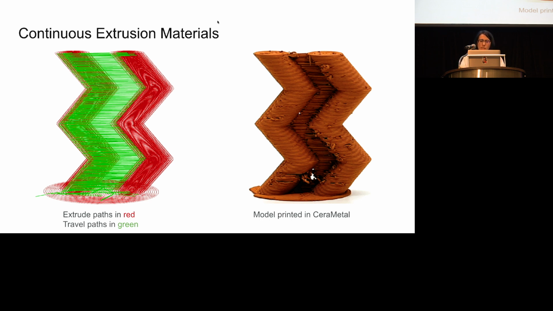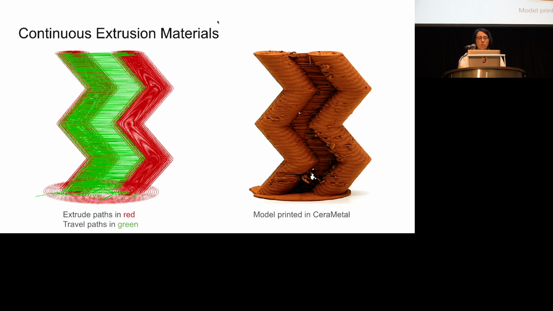However, Cerametal is very delicate and brittle before it's fired, making post-processing removal of the excess material impossible without breaking the model. Traditional slicers limit the range of printable geometries in these continuously extruding materials because this software was written for printers and materials that can easily start and stop extruding.